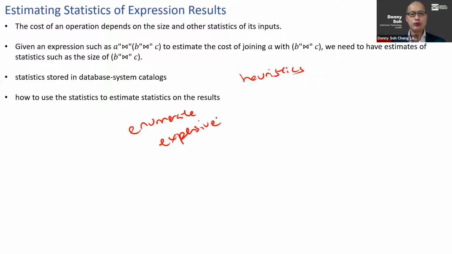So we really want to avoid enumerating all, and so we use heuristics in order to not enumerate all. So first will be, for example, the join sizes of expression. This is what we will be looking at later on in the lecture slides.